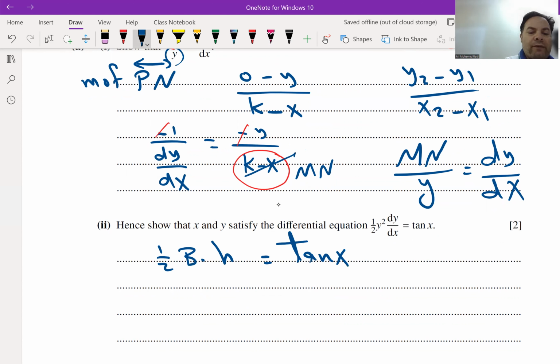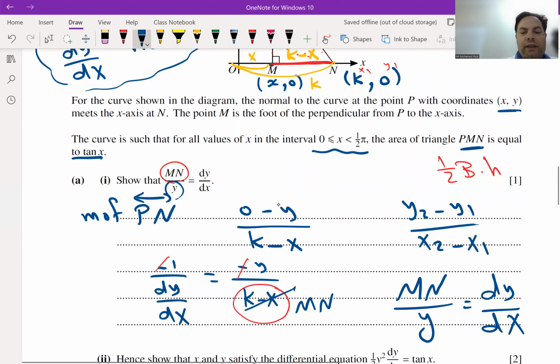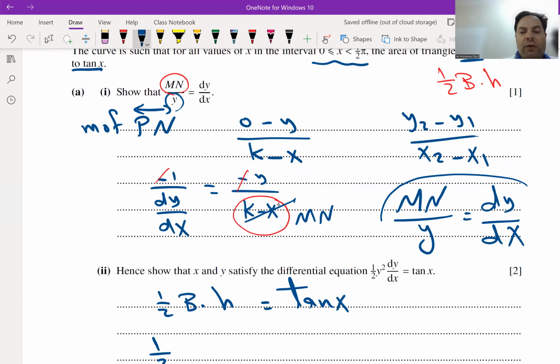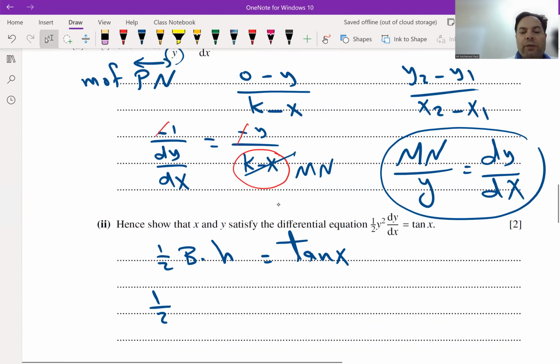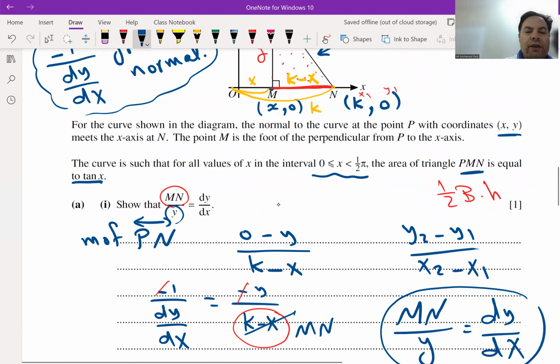The base is MN, so MN is equal to y times dy by dx. And the height is y.